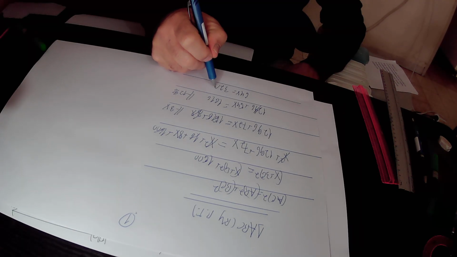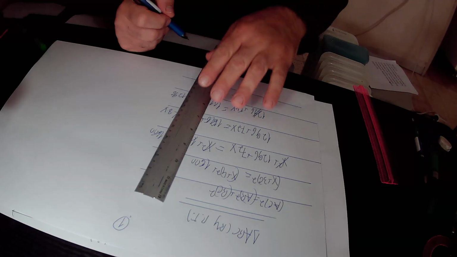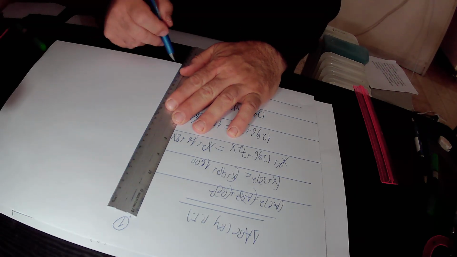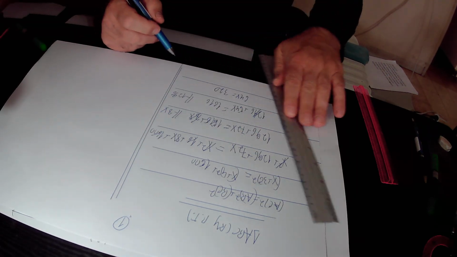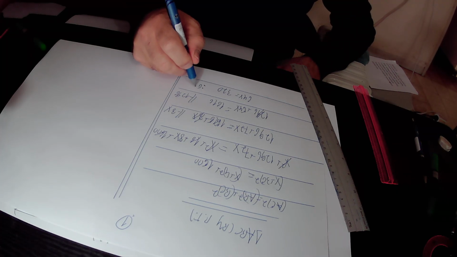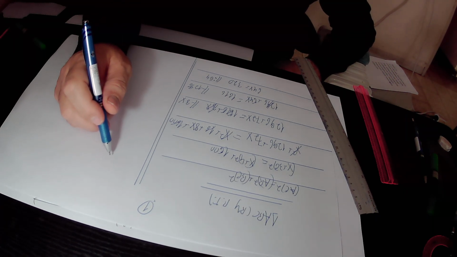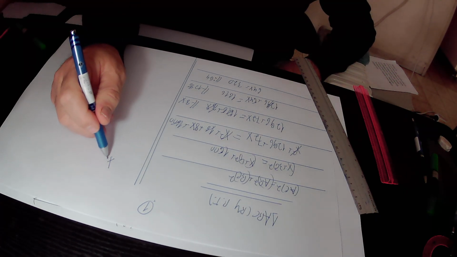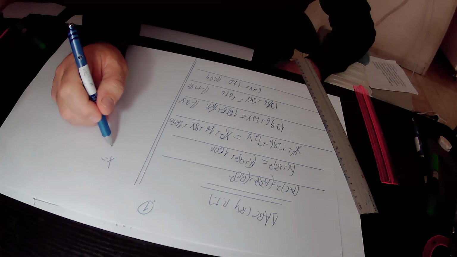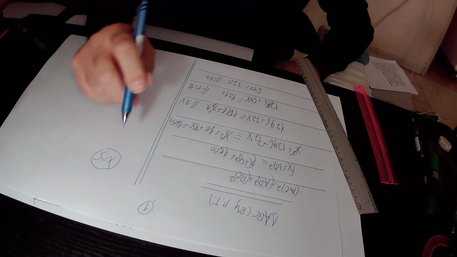So in total we found that 64x equals 320. Here we divide this equation by 64 and get that 64x over 64 is x, equals 320 over 64, which is 5. So in total we found that x equals 5 units in its length.